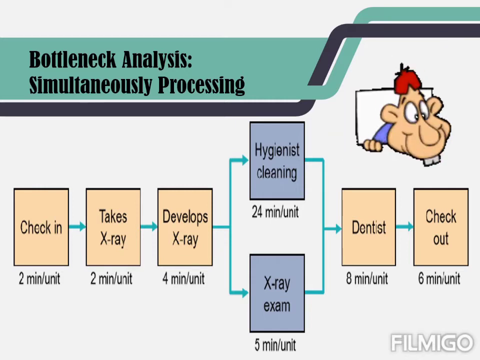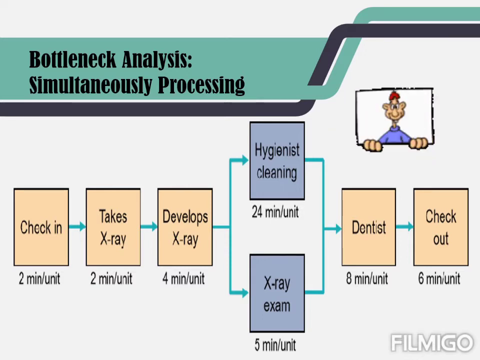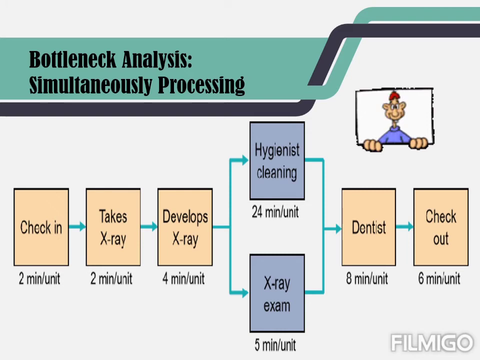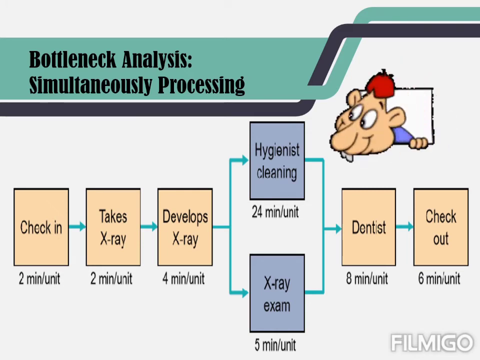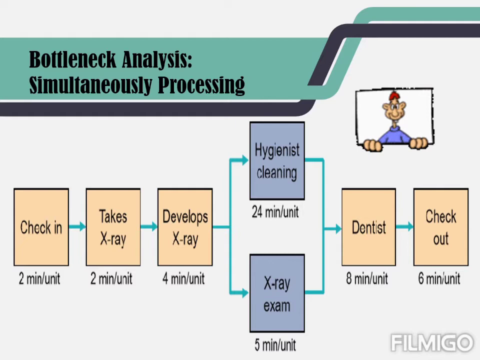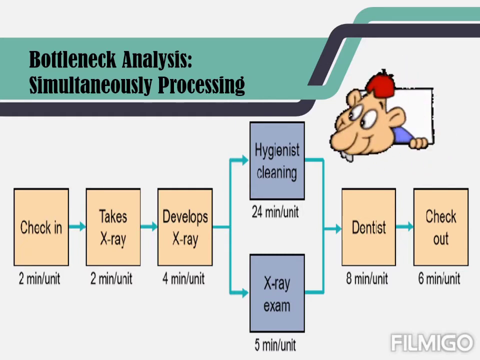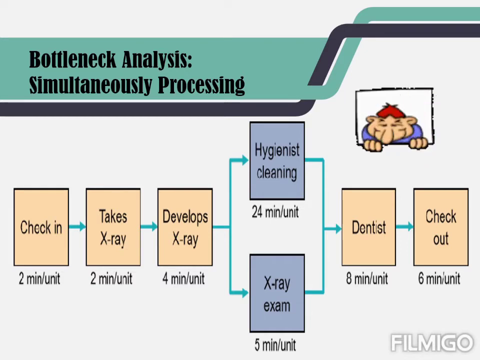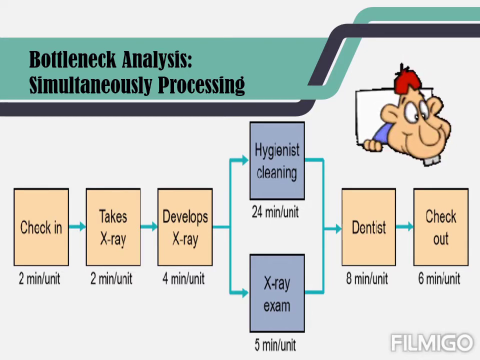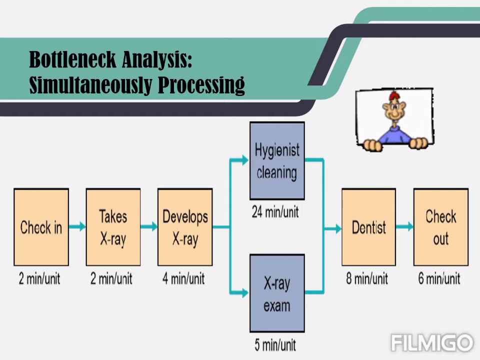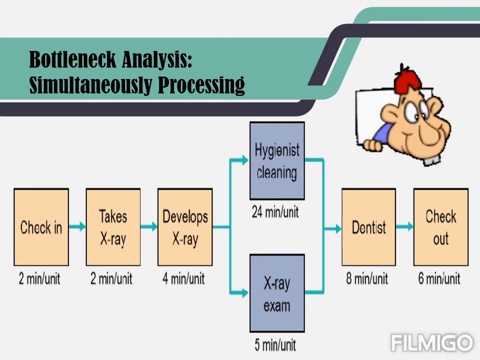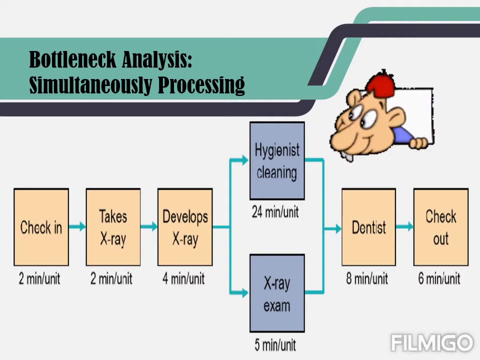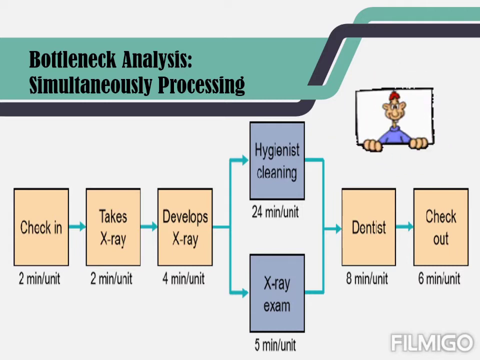The second possible path will be check-in, takes X-ray, develops X-ray, X-ray exam, dentist, checkout. These are the two possible paths, because hygienist cleaning and X-ray exam may occur at the same time. So let's move to our next slide.